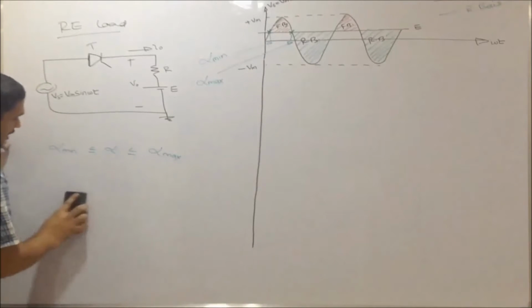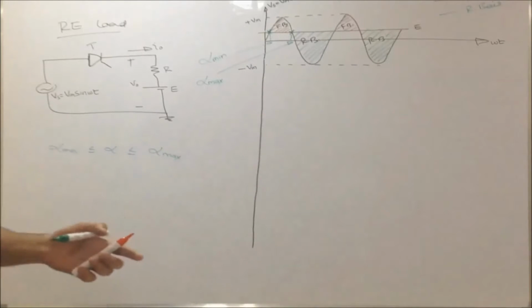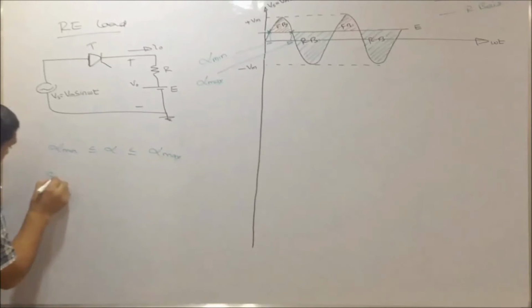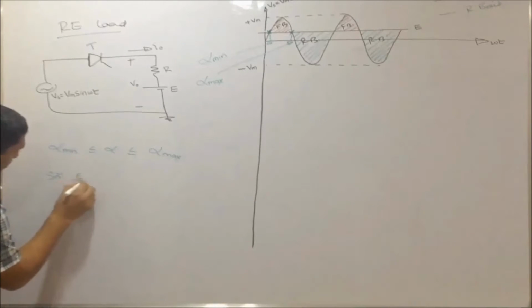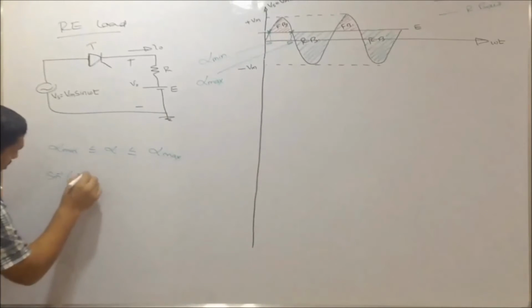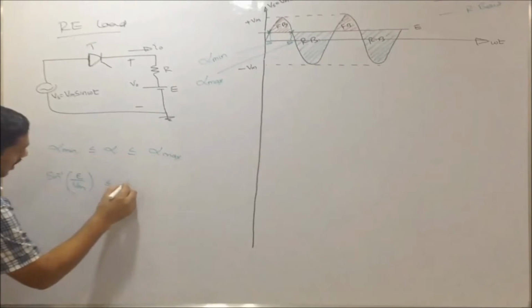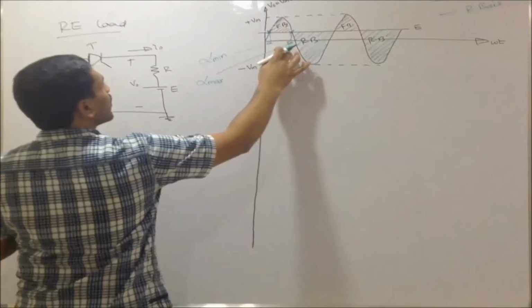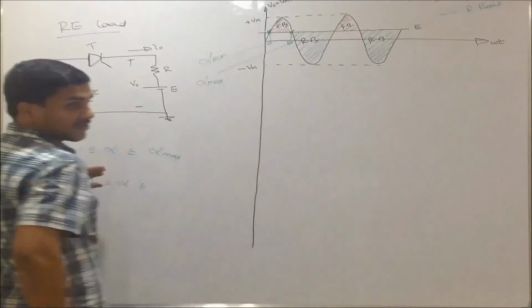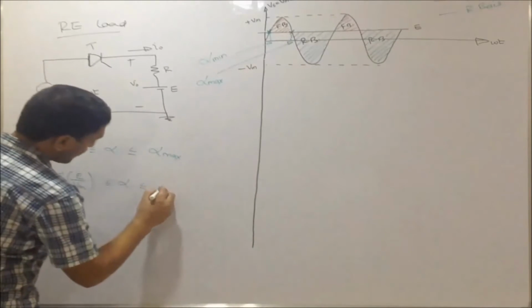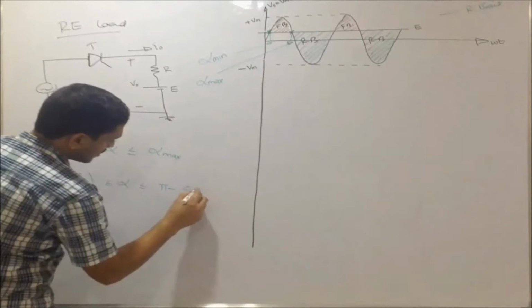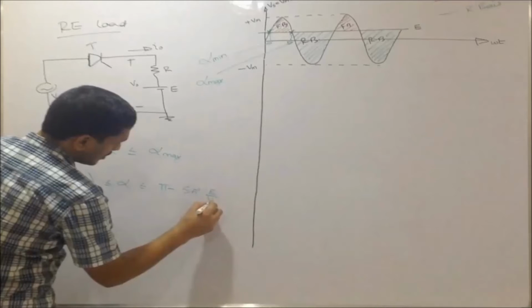Now this we will write here. Alpha minimum is sine inverse E by Vm, less than or equal to alpha, less than or equal to alpha max, which is pi minus alpha minimum. That you can observe from the waveform. Alpha minimum is sine inverse E by Vm.